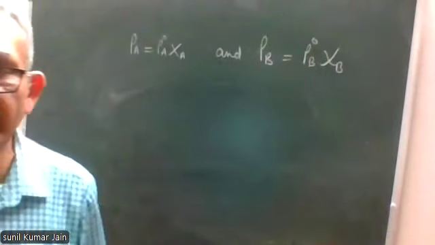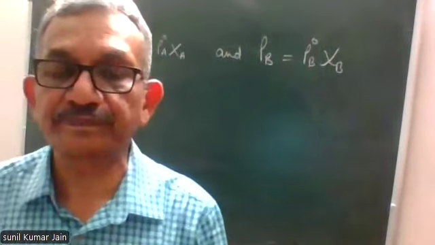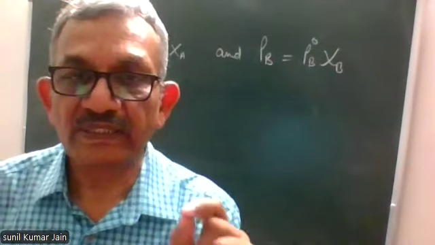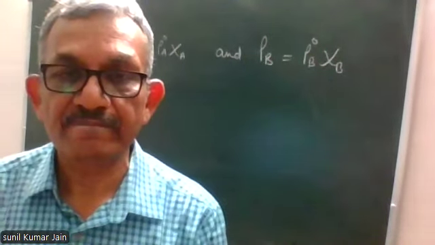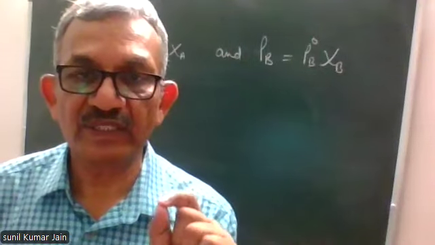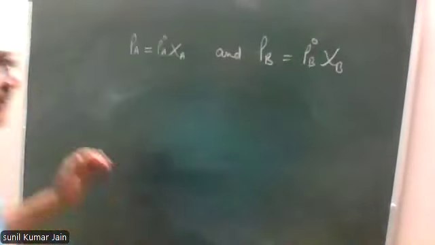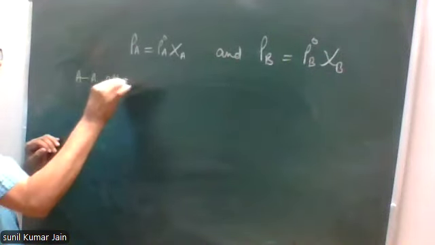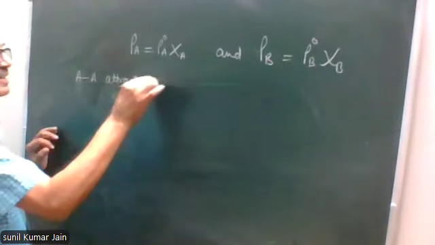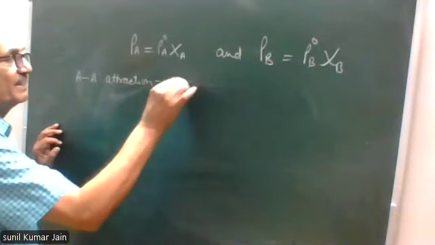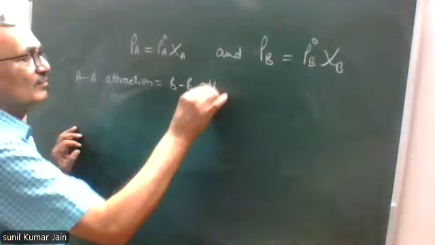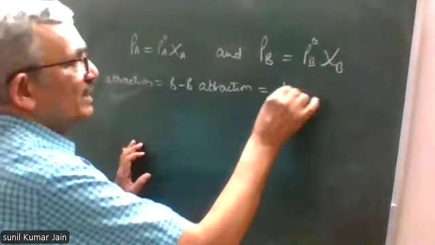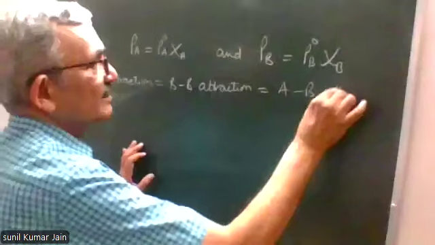Surface area and polarity of molecules. Under these conditions, copy from the board. AA attraction will be equal to BB attraction will be equal to AB attraction.